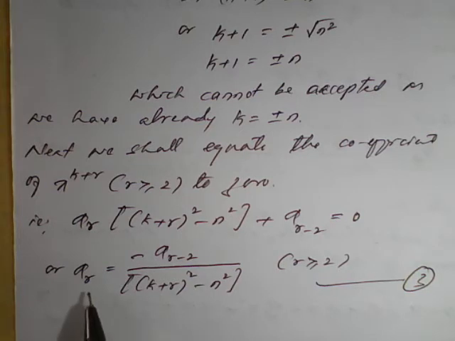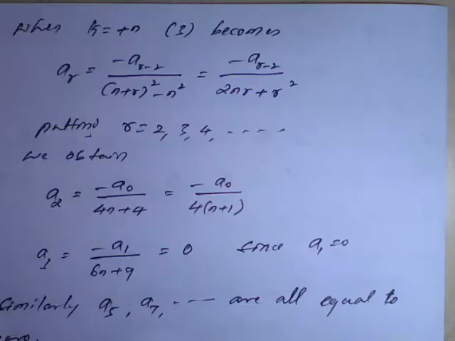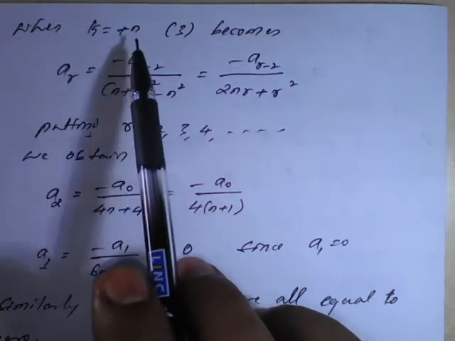From this ar value we can find the values of a2, a3, a4, a5, a6, and so on. We'll see what the respective values are now. Those values of a2, a3, a4, a5, and so on we will find when k is plus n.